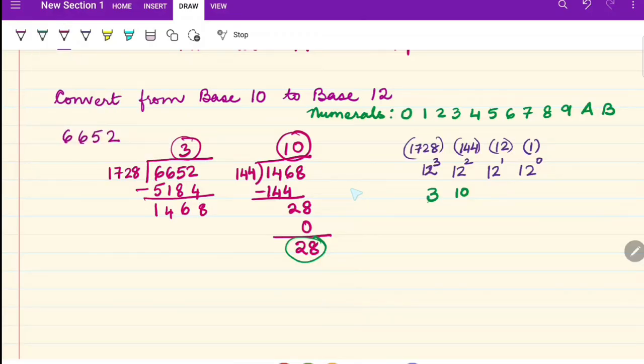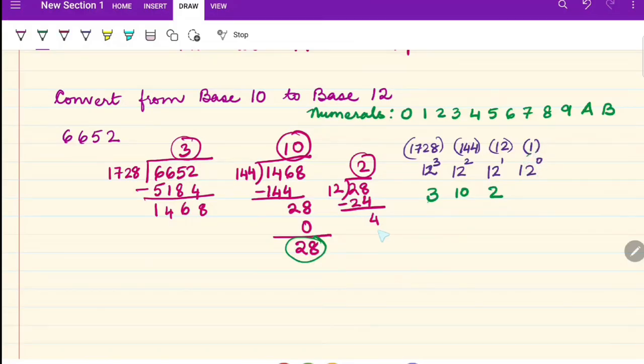Now we will work with 28, the next remainder. So the next positional value is a 12, correct? So we'll divide it by 12. 2 times 12 is 24. Our remainder is 4, and our quotient is 2. So I'm going to write this 2 below the positional value of 12. And then finally we have to divide 4 by the place value 1.